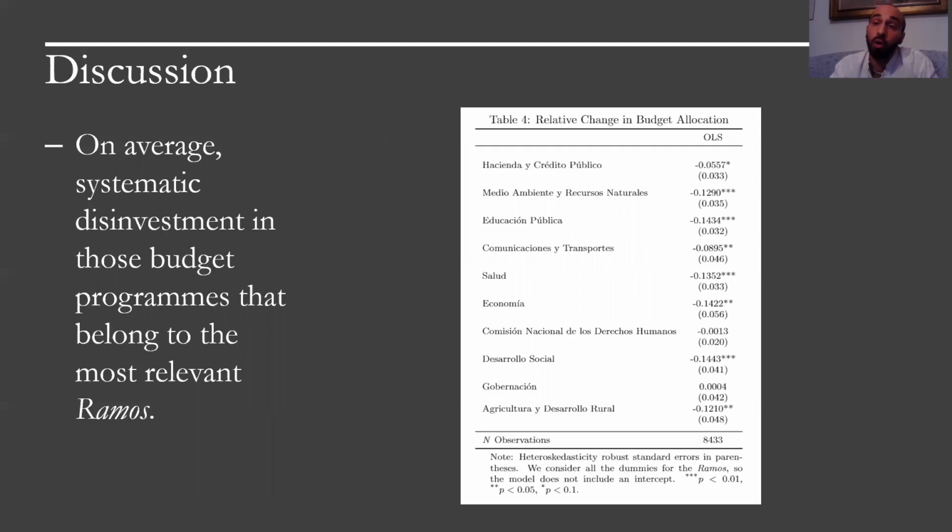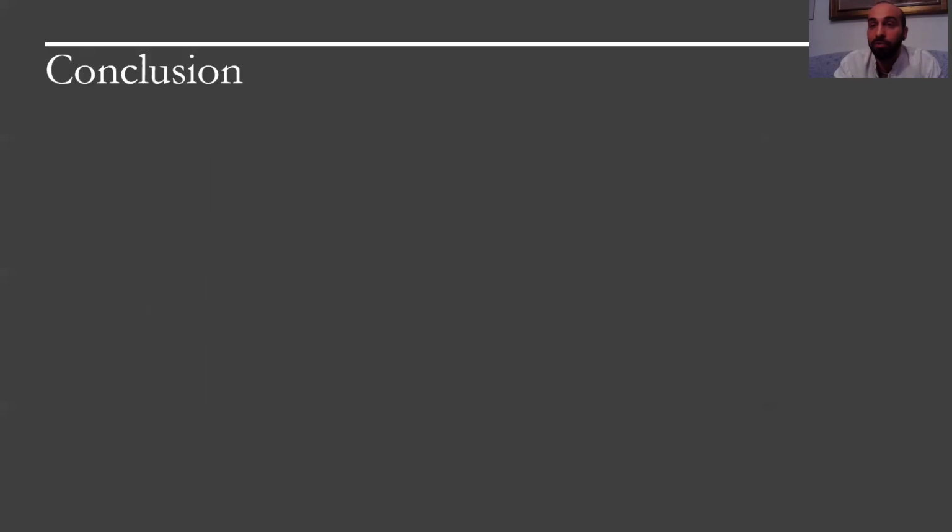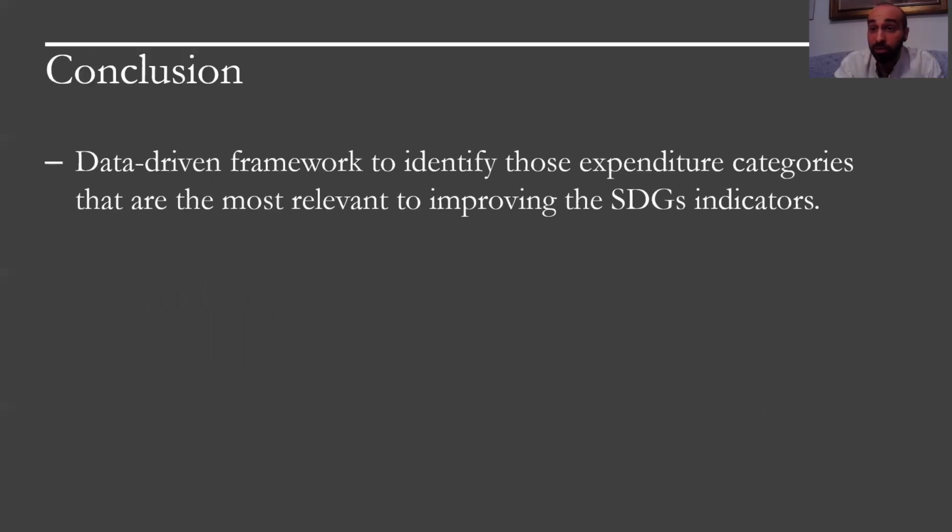So it seems that on average, over the last years, those ramos, those expenditure categories that we identified as the most relevant to the improvement in the SDGs indicators, so to the progress towards the SDGs, have been systematically neglected.